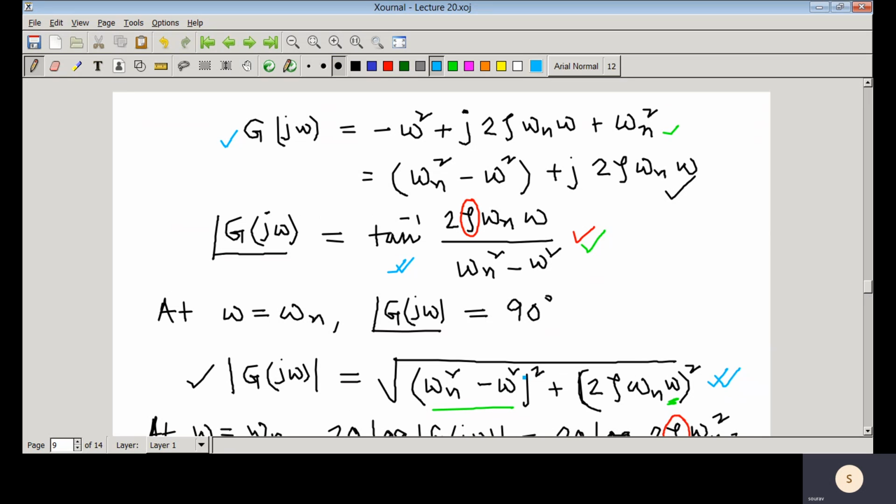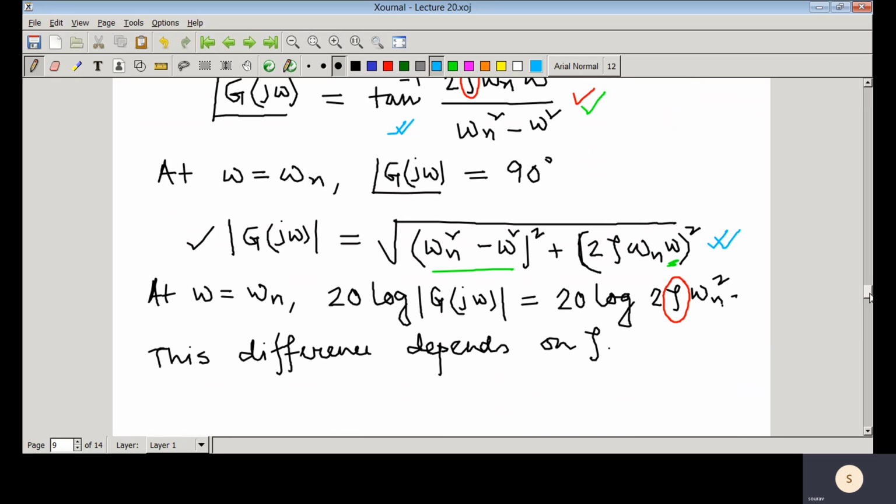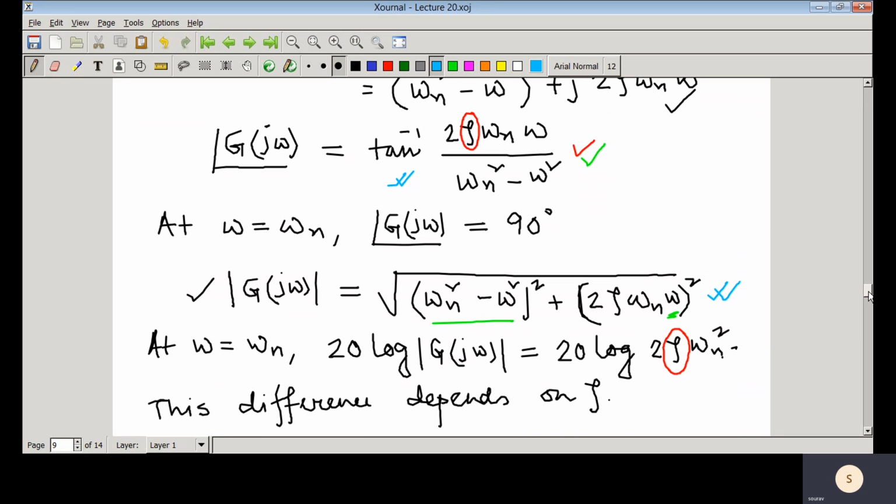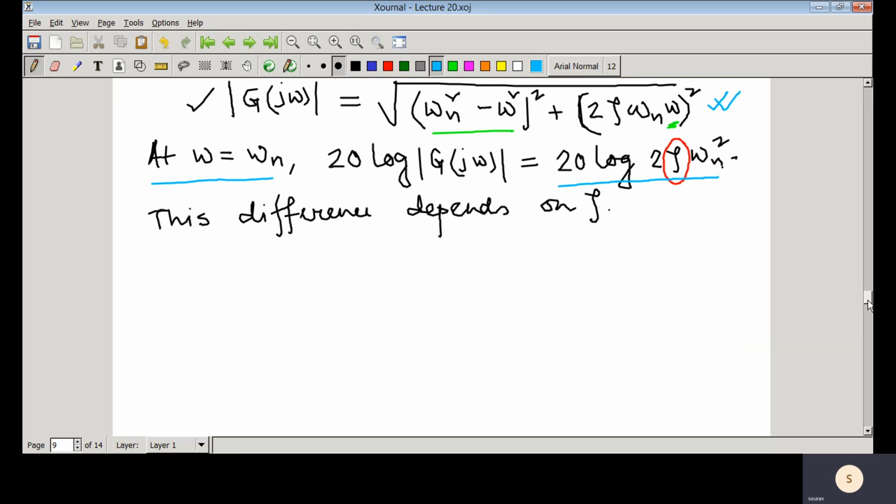In both cases they depend on the zeta value, that is the damping ratio. Particularly, at omega equal to omega n, that means at the corner frequency, the value of the gain is 20 log 2 zeta, and here again it is a function of zeta. So if the damping ratio varies, then at the corner frequency the magnitude as well as the phase would be different.